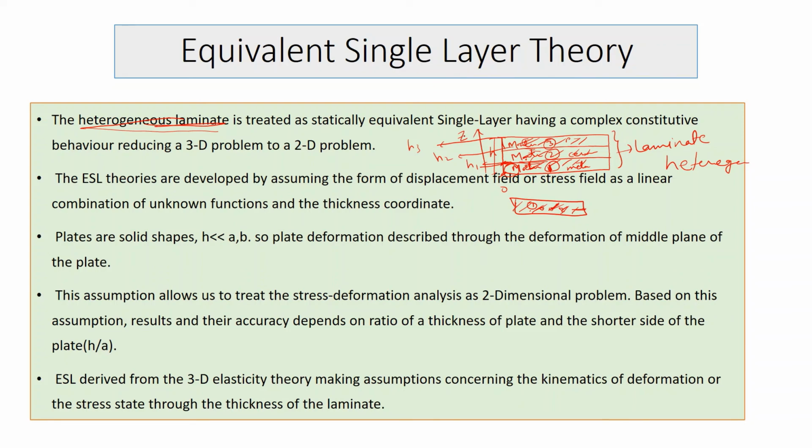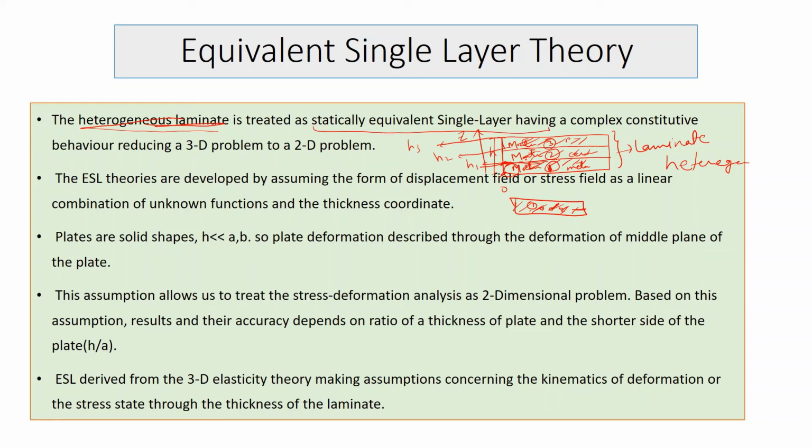Here we are talking about heterogeneity in the thickness direction, so when the Z value changes, the material property changes. Therefore it is a heterogeneous laminate and is treated as a statically equivalent single layer.